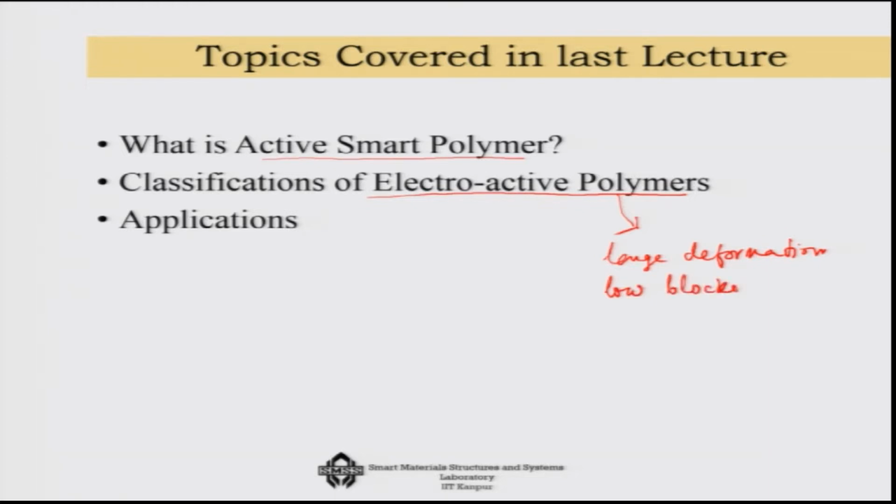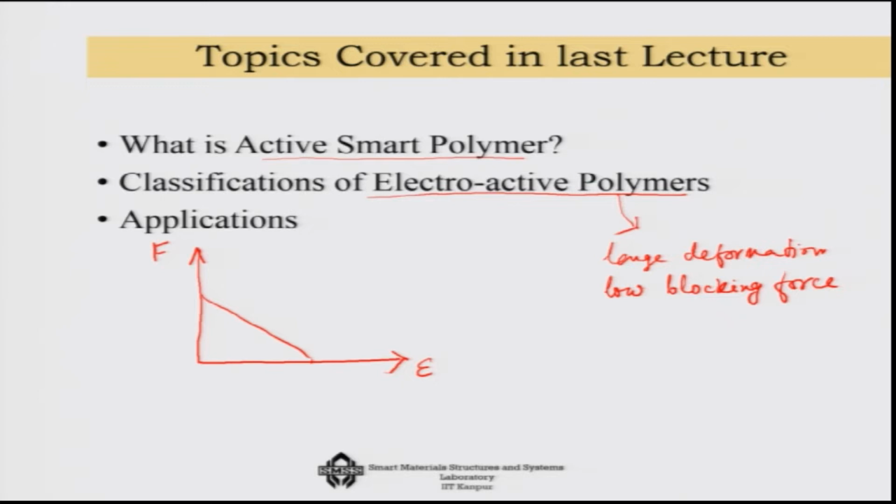Now, I have already once told you about this concept of free strain and blocking force. If you remember, if we consider this as a strain versus force plot of an actuator, then when it is freely straining, that is the maximum strain that you can get from the system.